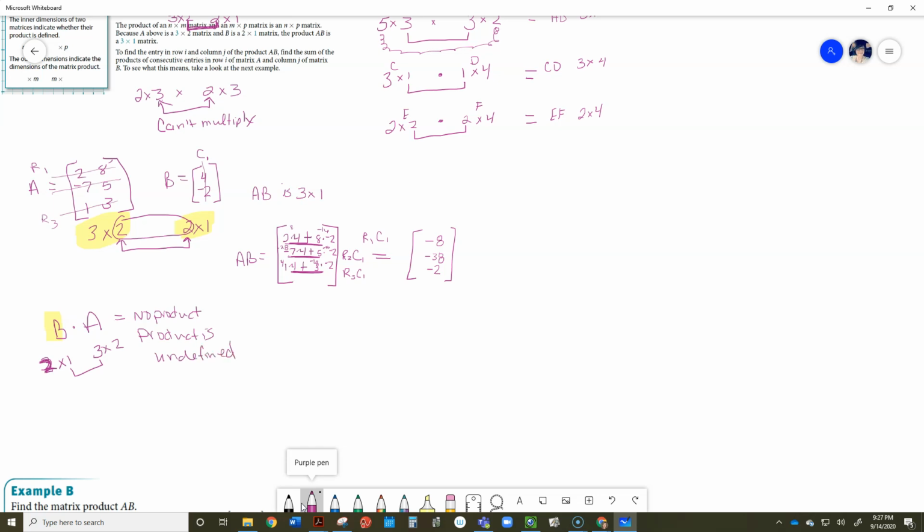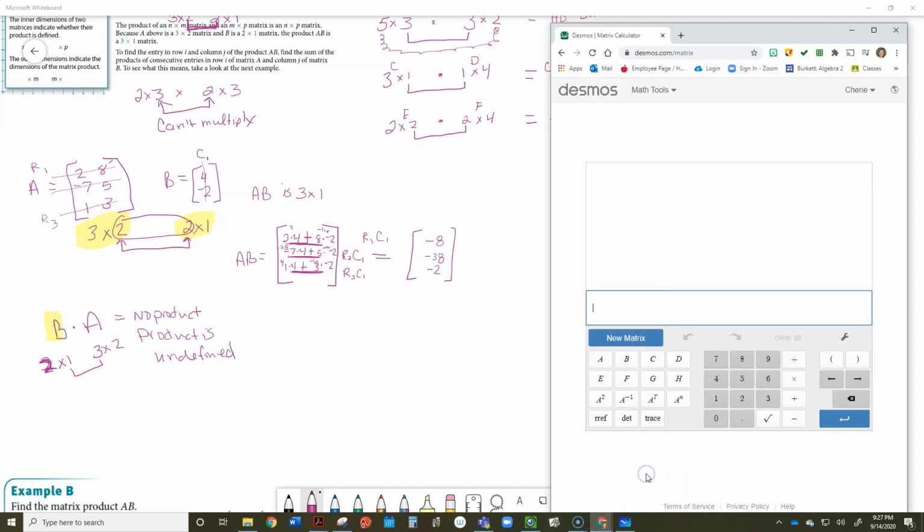And I did not know that when I switched calculators, it was going to delete my matrix, but that's okay. I can type it in real quick. Matrix A was a 3x2, and it was 2, 8, -7, 5, 1, 3, and then matrix B was a 2x1, and that was 4 and -2.